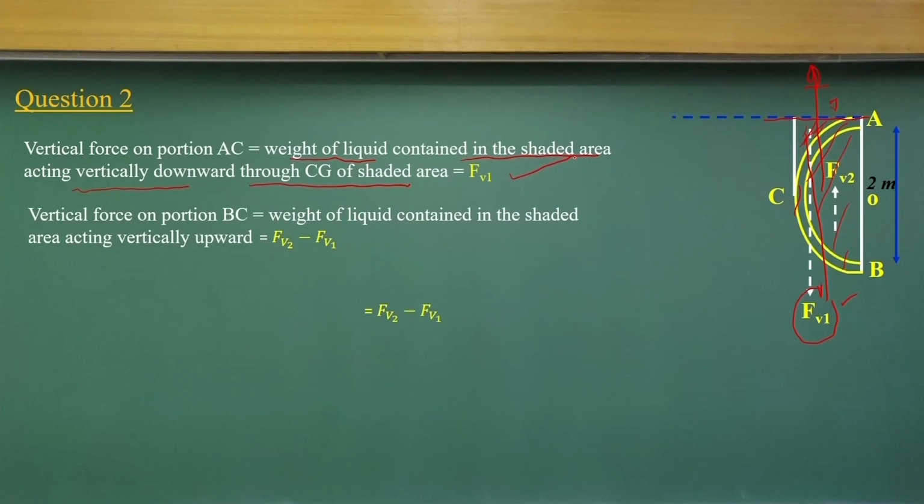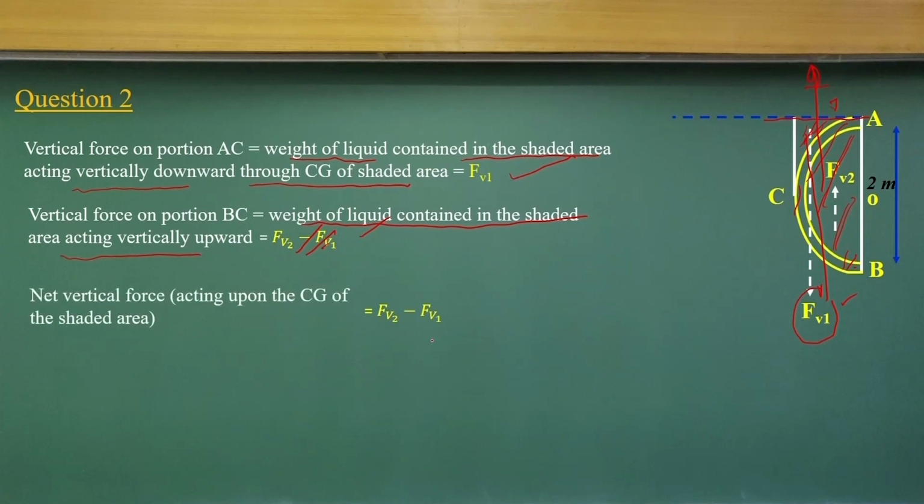Similarly, the force acting on the BC surface part is the weight of the liquid contained in the shaded part, which is acting vertically upwards. That is Fb2, and the net force will be the difference between Fb2 and Fb1. So the net force acts on the shaded part only.